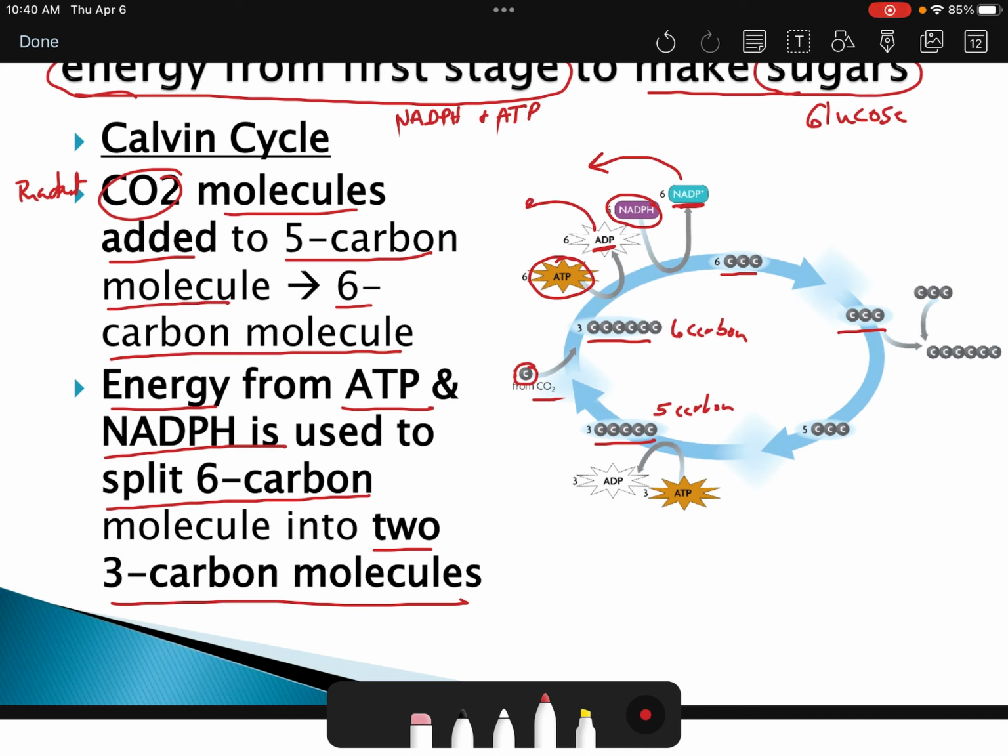Those get recycled back to the light-dependent reactions. Okay? So that they always have that source of ADP and NADP+, so they can make more NADPH and more ATP, okay? So we're left so far now with these 2 3-carbon molecules.